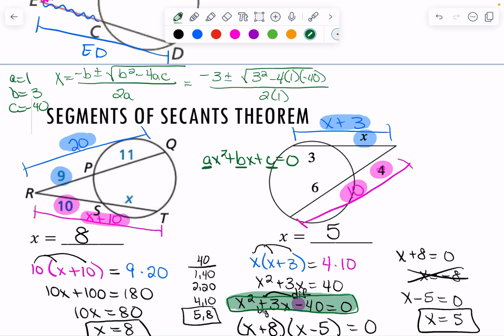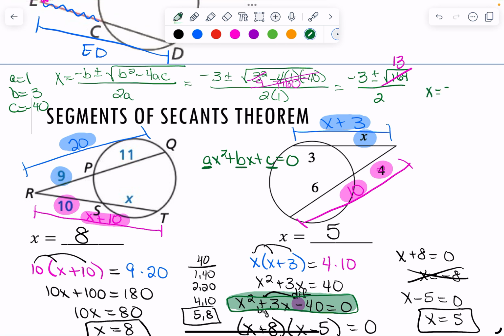Now we're going to do some simplifying. 3 squared is 9. -4 times -40 is positive 160. So that whole thing turns into -3 plus or minus the square root of 169 all over 2. 169 is a perfect square. It's 13.